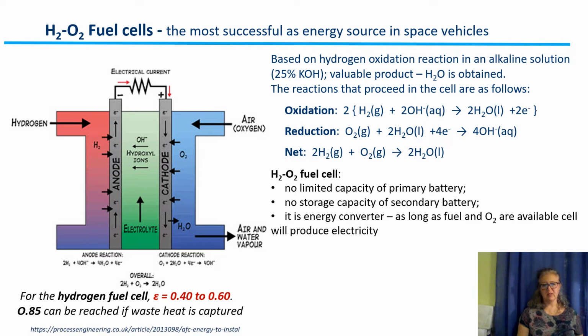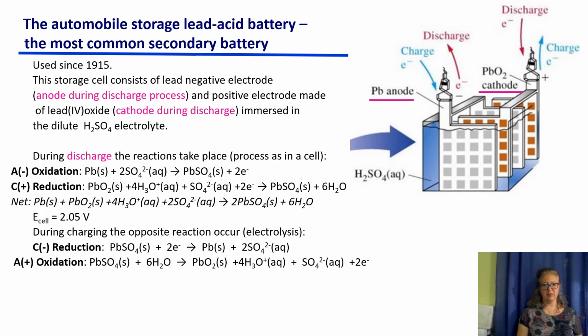And now let's skip to secondary cells. The most common secondary battery is the automobile storage lead-acid battery. This type of battery has been used since 1915.